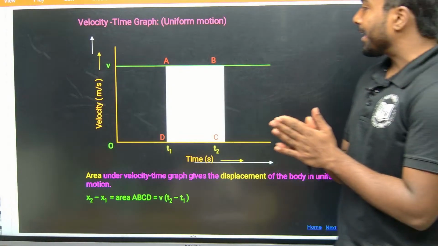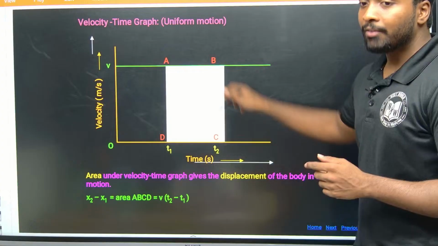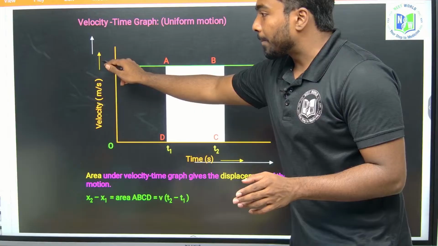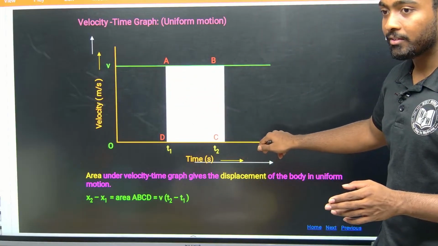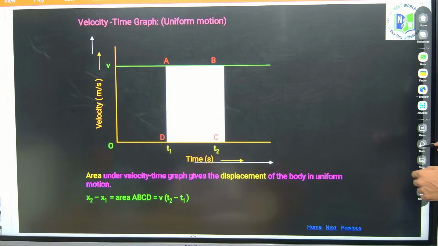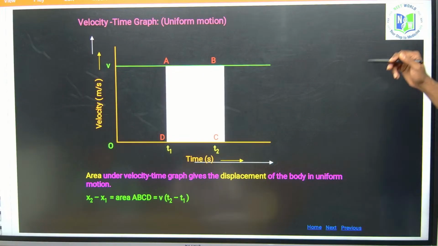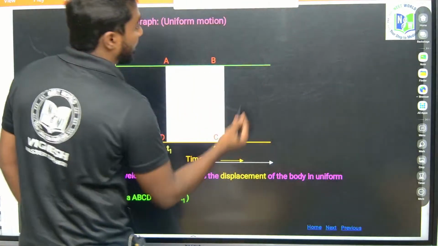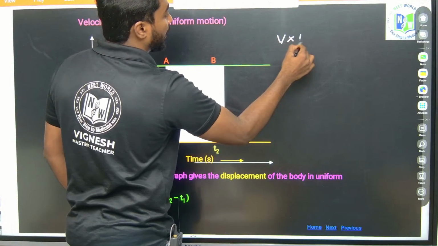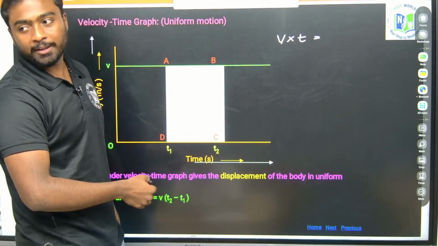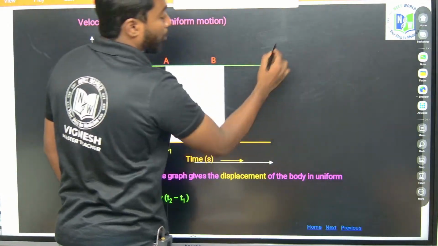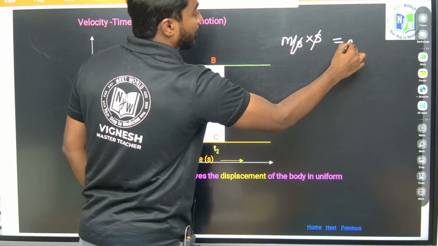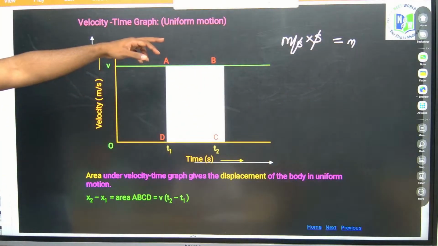When we take velocity versus time and take the area of that, the meaning of area is that I multiply the y axis with respect to the x axis. I will do the derivation here. If I take velocity into time, what do I get? Displacement, right? Velocity is meter per second, time is second. Seconds cancel, only meter is left, which is nothing but displacement.